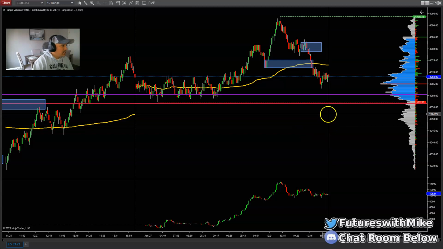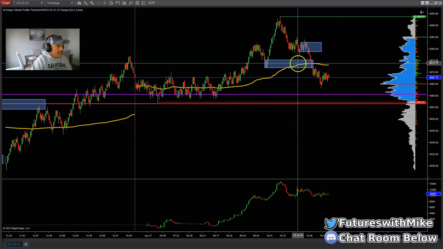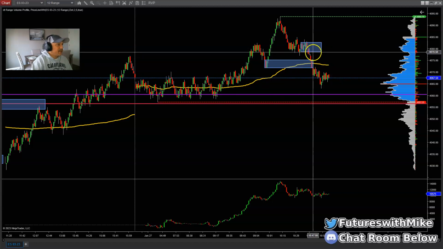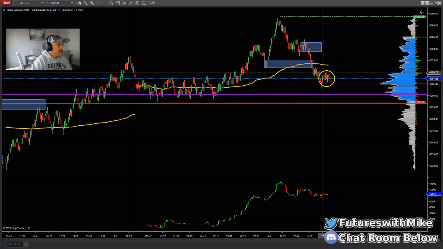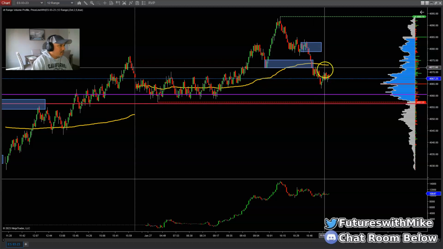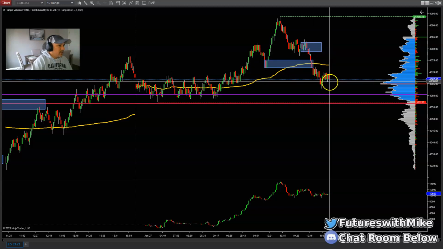I have not taken one single trade. I thought this was going to be a good opportunity right here at this area of demand, but it's tough to say. Even if price gets back to this area of supply, we have to be mindful of price action, what it looks like below us once it retraces back to this area.